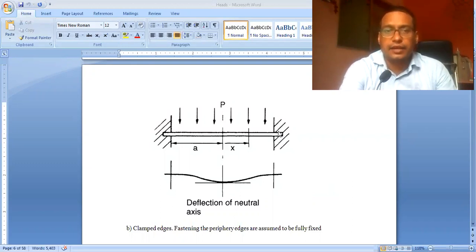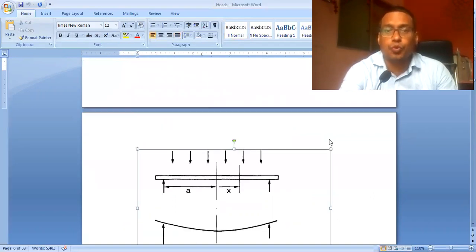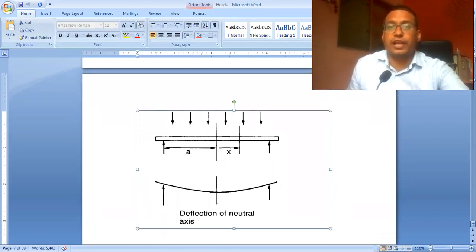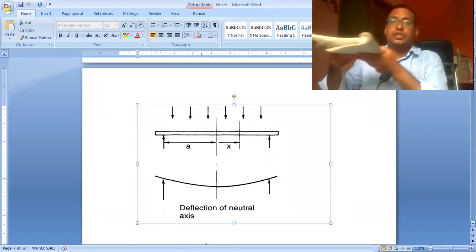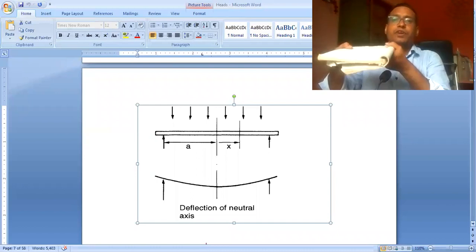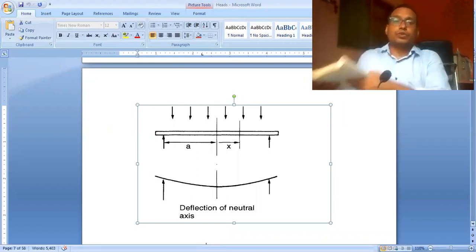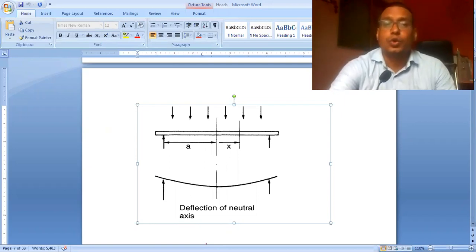And the second type is free to move, that means it is not welded. It can very easily be taken out and put on. So the two edges are supported.